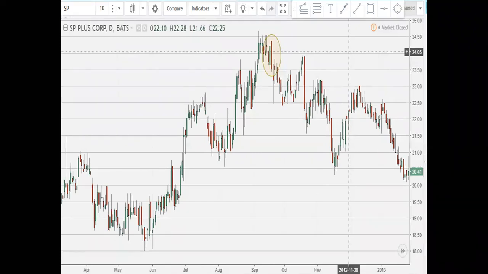And with that tremendous liquidity and continuous availability, you hardly see any gaps.